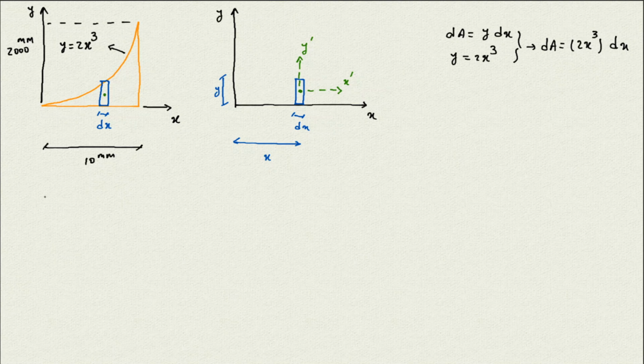Now I would calculate the product of inertia for this element. Forget about this surface. Assume we want to calculate the product of inertia for this element.